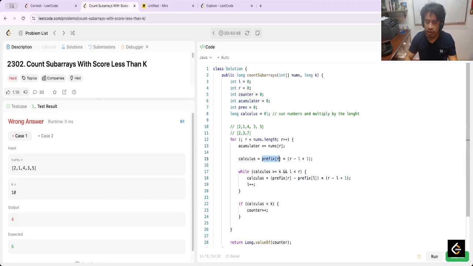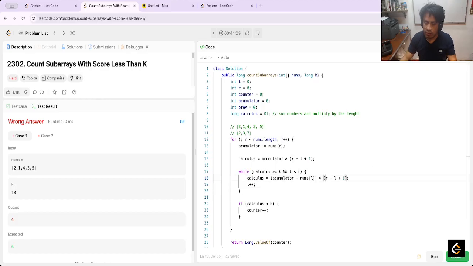And here is, basically, accumulator. Calculus is equal to accumulator less nums in the position L multiplied by this.